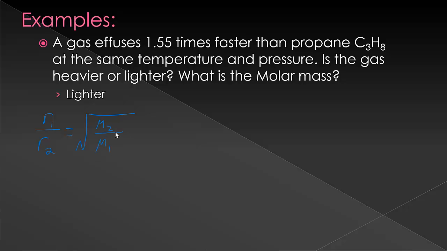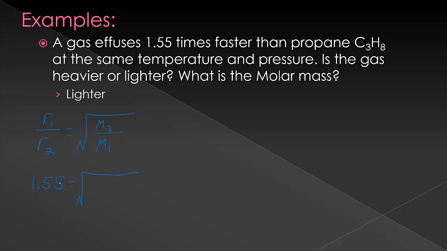Being careful to note that the 2 is down here and up here. The 1 is here and down here. Okay, so now we don't actually have an R1 and an R2, but what we do have is a ratio. By saying 1.55. And now we just have to be very careful about where we put what mass.